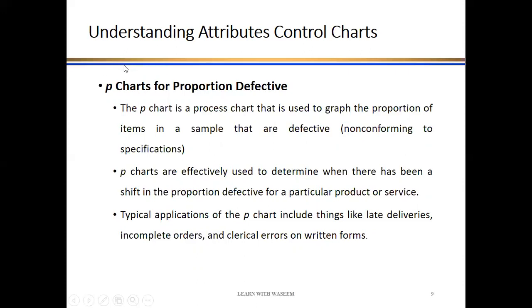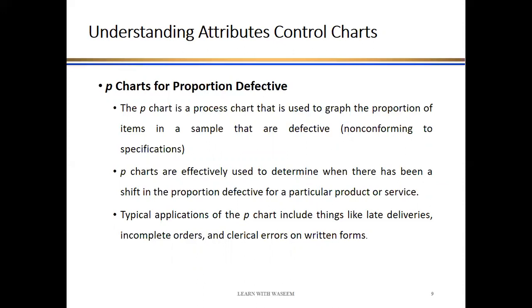P charts for proportion defective. The P chart is a process chart which is used to graph the proportion of items in a sample that are defective. P charts are effectively used to determine when there has been a shift in the proportion defective for a particular product or service.